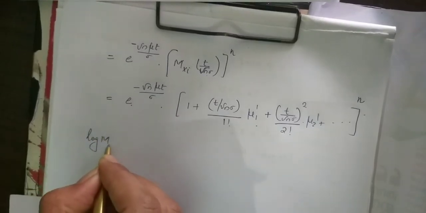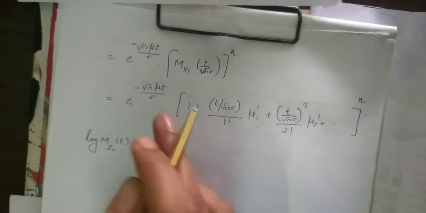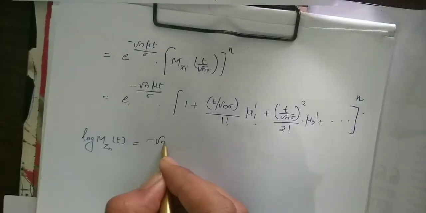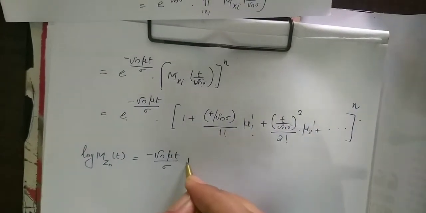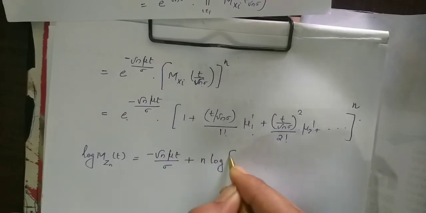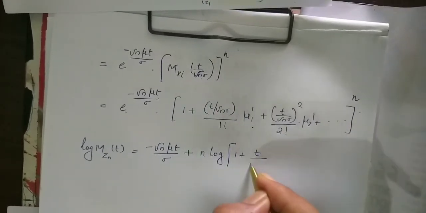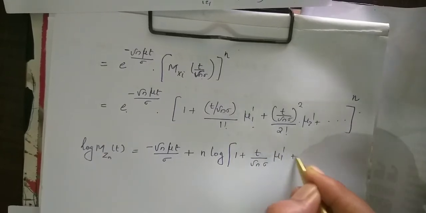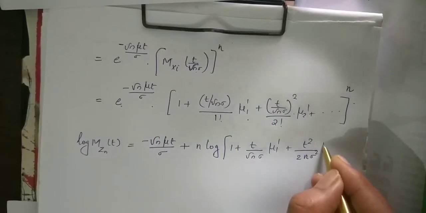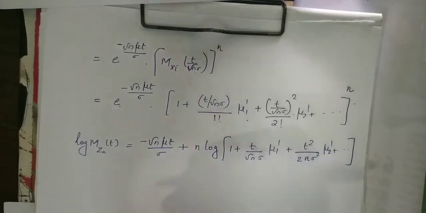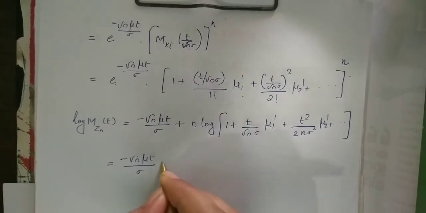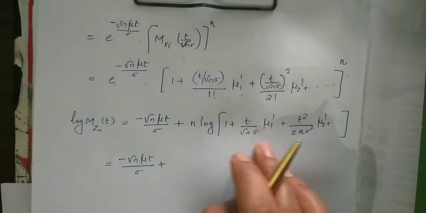Then log M Zn(t) is equal to, the logarithm of a product gives the sum, then logarithm of e is minus root n mu t divided by sigma plus logarithm of a term raised to n is n times the logarithm of this one. 1 plus, we can write this as t by root n sigma into mu1 dash plus t square by 2 factorial, which is 2 into (root n squared is n) sigma square, into mu2 dash plus etc. Then we can write this as minus root n mu t divided by sigma plus n times log of this. All these steps we have done in the binomial tends to normal.